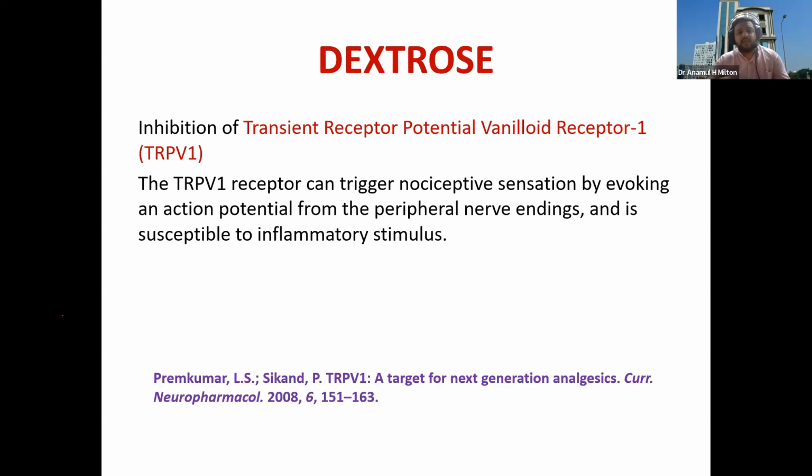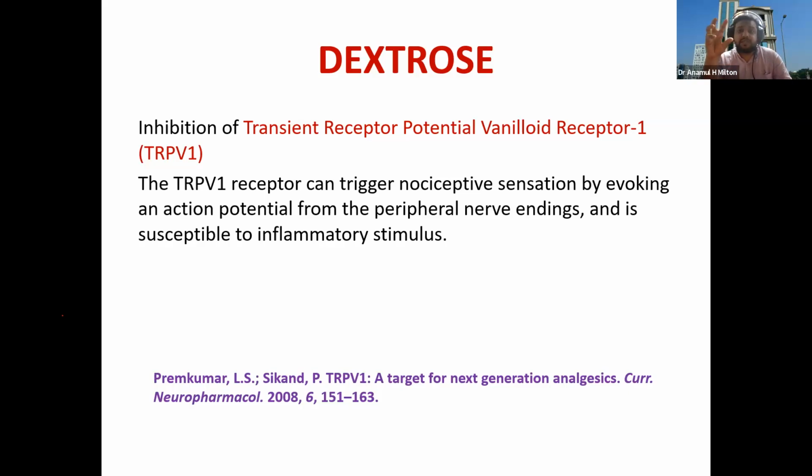So dextrose, actually, is a hypertonic solution. So it causes the inflammatory collection outside the cell, around this nerve. So that time it causes the shrinkage of the tendon.